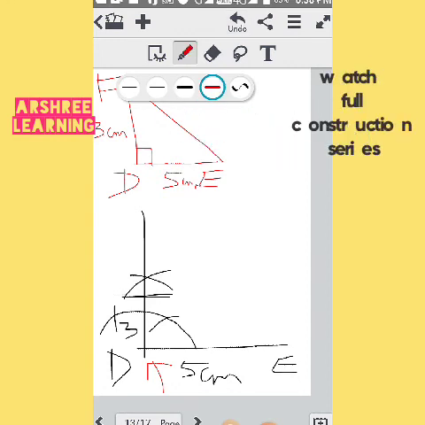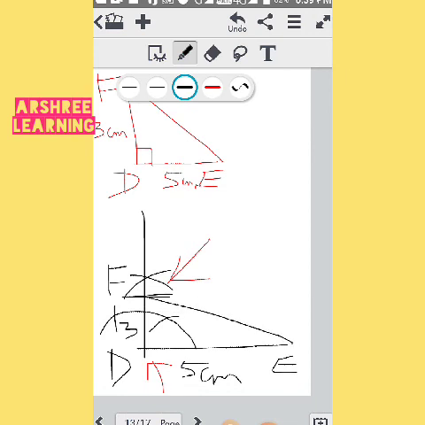This point will be point F, and then you will join it. So the figure is made where DEF is the triangle, where we have made the triangle by making line DE is equal to 5, constructing angle D 90 degree and cutting the arc DF is equal to 3 centimeter and joining the length EF.